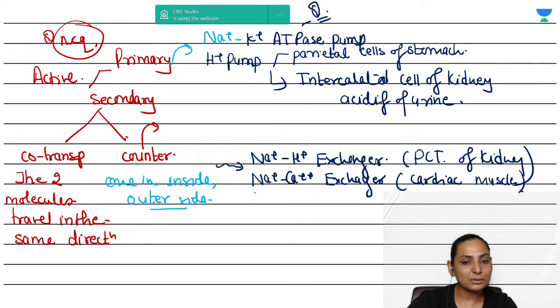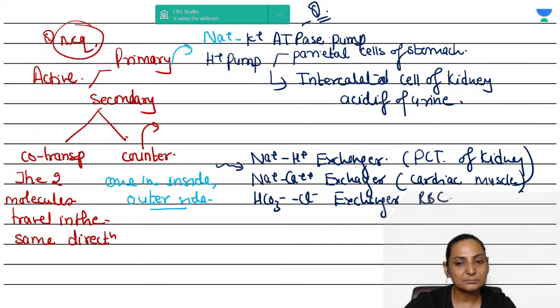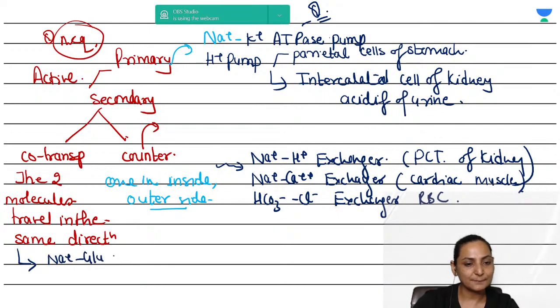Then you have the bicarbonate chloride exchanger, which is present in your RBCs. So these are the important examples of counter transport. Now if we look into co-transport, that is, substances going inside the cells in the same direction, very common is sodium glucose.